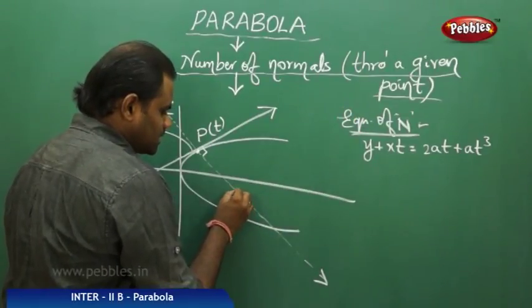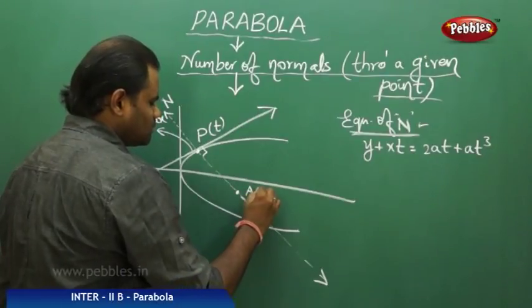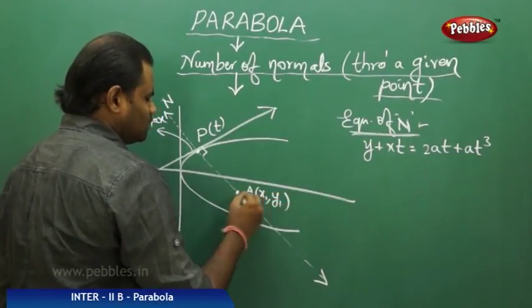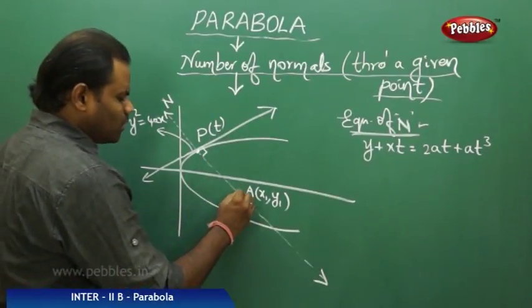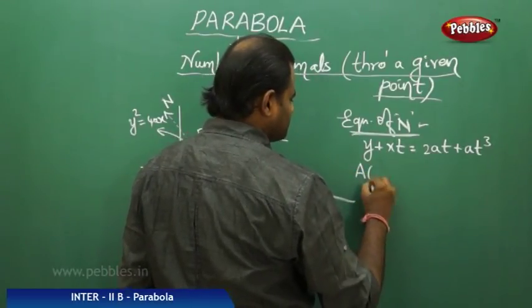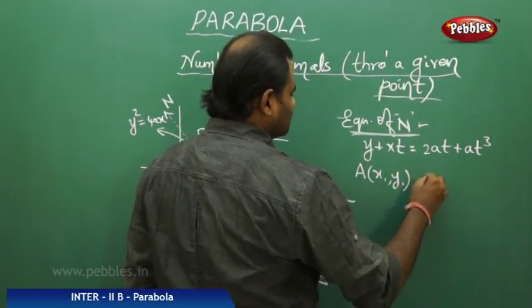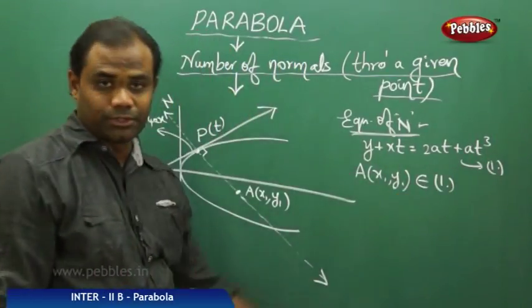That is, let's say the normal passes through the point (x1, y1). If the normal passes through this point (x1, y1), that implies (x1, y1) belongs to the normal, which is equation 1.